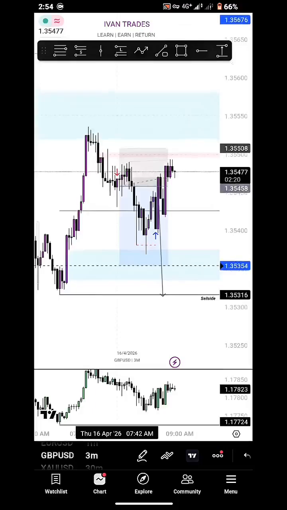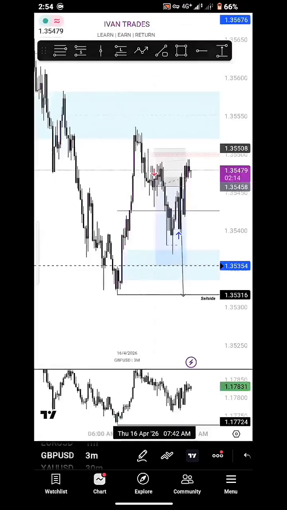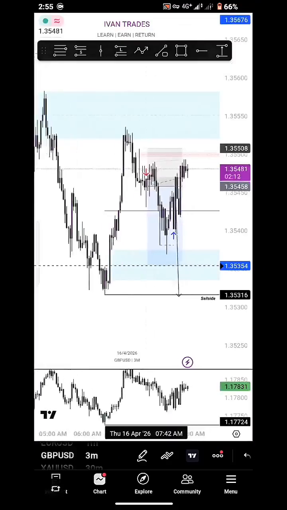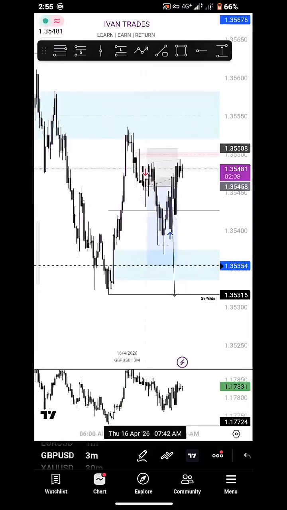So as you can see, the price after the high impact news at 8:30 started moving upwards against my supposed position, so I wouldn't have liked this anyway.